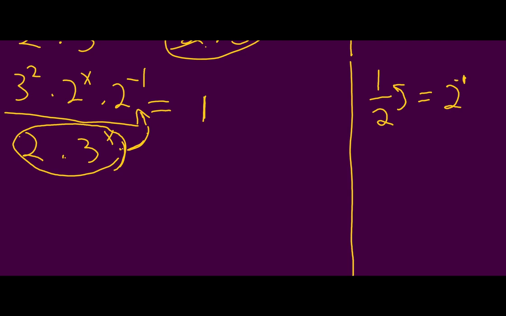This is because when you have 1 over 2, you have an imaginary 1 here, and when this positive 1 goes to the numerator, it changes its sign. So it becomes 2 to negative 1, right?